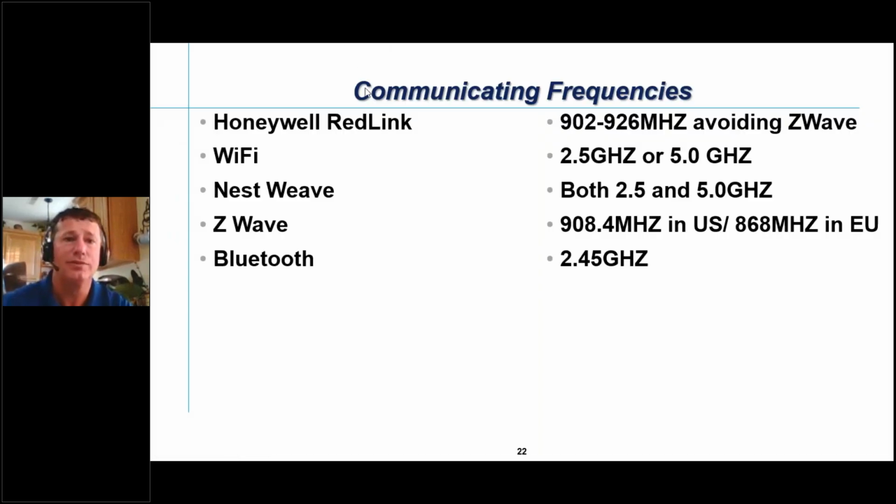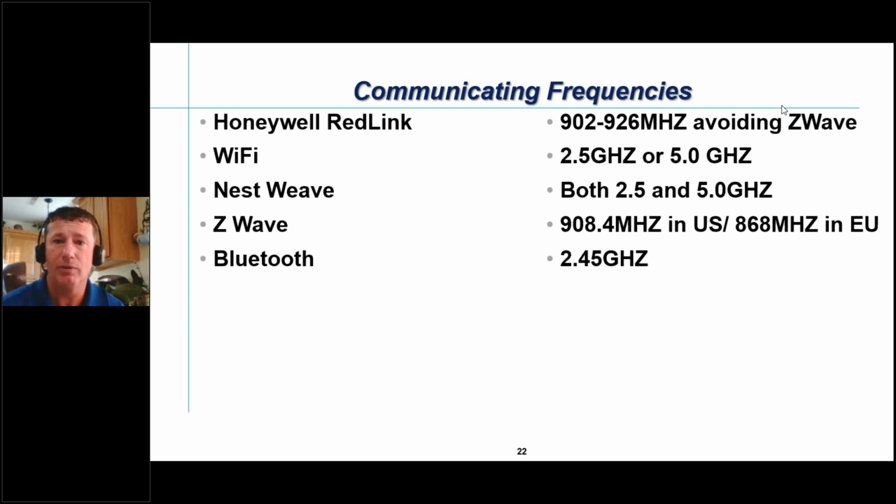So here's what's going on with those frequencies when we talk about how we're communicating on these things. If I'm talking about that Honeywell RedLink, that IAQ or any other RedLink, they're actually talking on the 900 megahertz frequency. Everybody remember cordless phones for home? 900 megahertz? That's all that we're doing with RedLink.